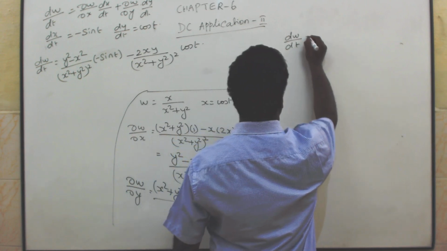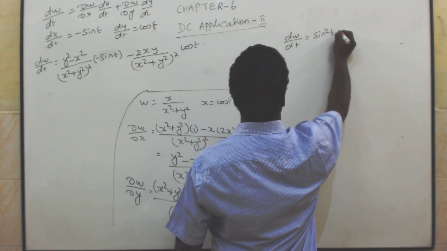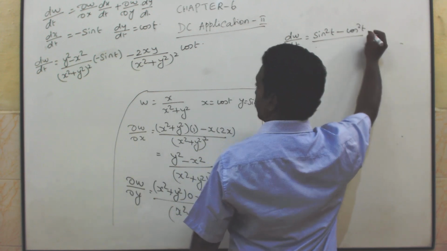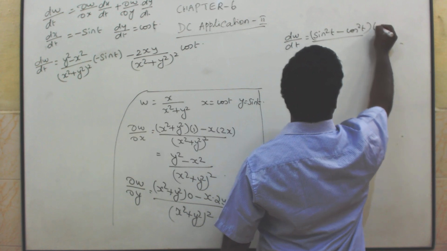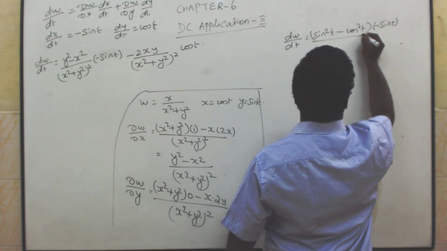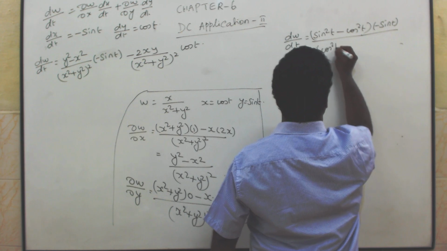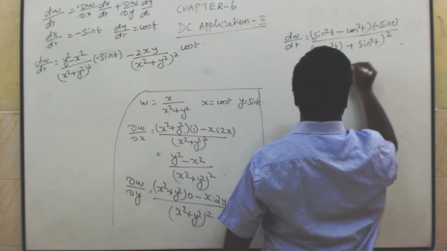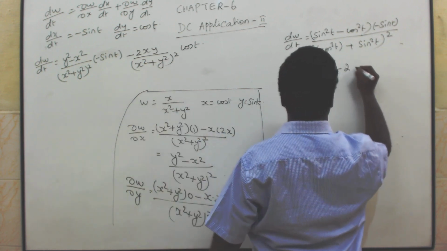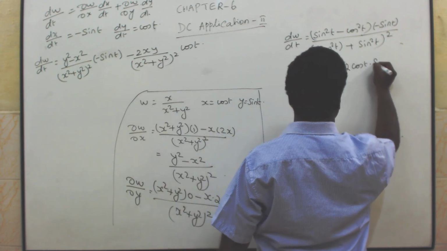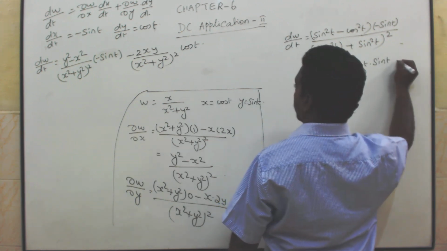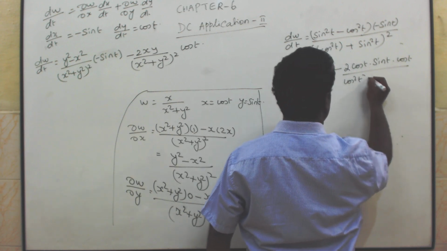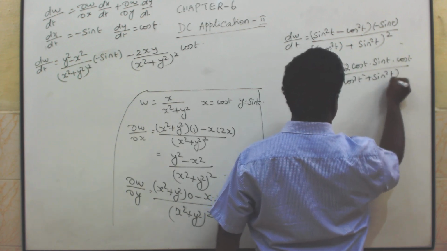Therefore, sin square t minus cos square t by cos square t plus sin square t whole square into minus sin t, minus 2 x is cos t, y is sin t into cos t, denominator cos square t plus sin square t whole square.